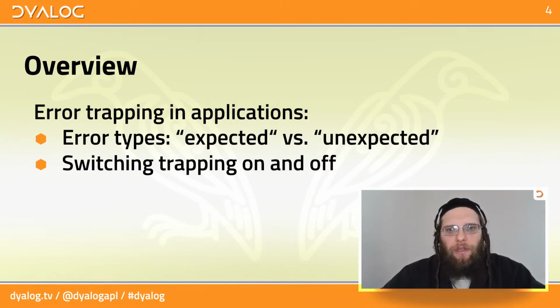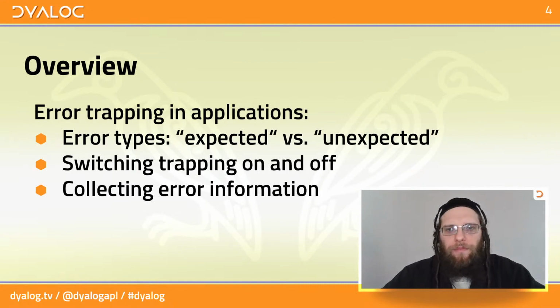When you are debugging an application, you don't want the application to handle all the errors, so we're going to look at turning that on and off. We're also going to look at giving the user, or for that sake the developer, a report about the error and how to access that.